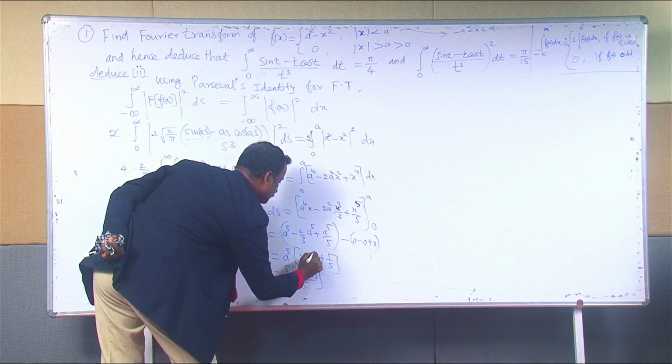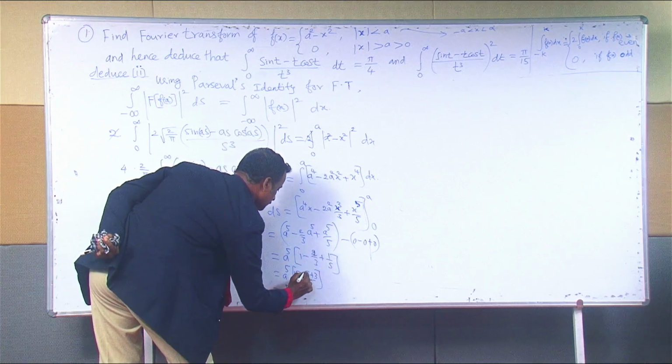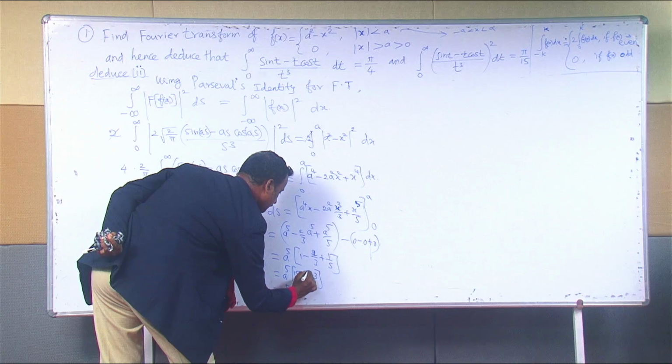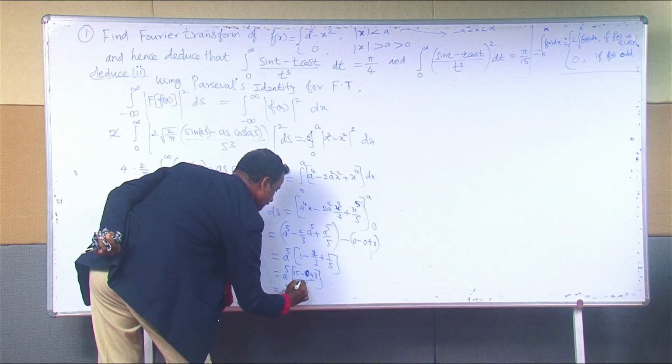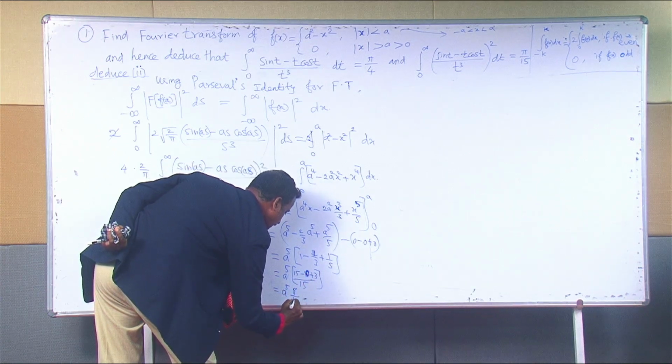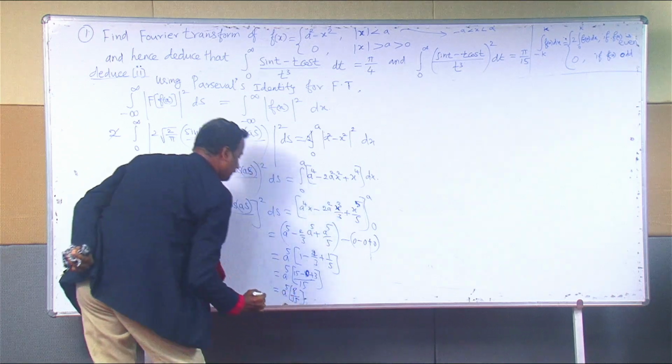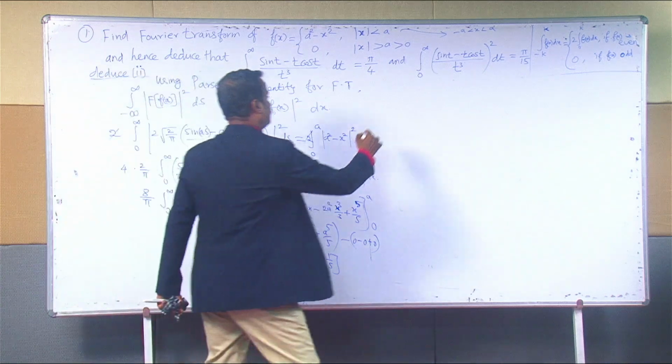Here it is 2. So this becomes 10. 8 by 15. So what do you get?